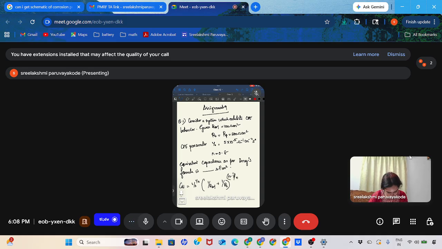This is the equation. So Y naught value is 5 into 10 to the power minus 5, raised to 1 by 0.8, times (1 by 100 plus 1 by 200) raised to (0.8 minus 1) by 0.8. So please solve it and we'll get the answer. Just let me try solving it.